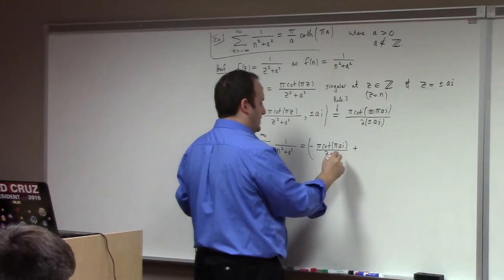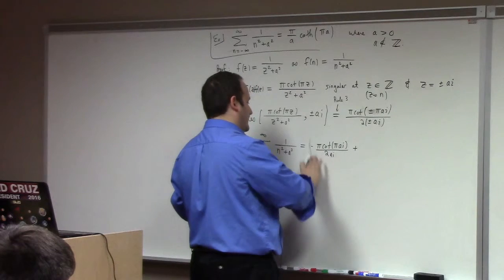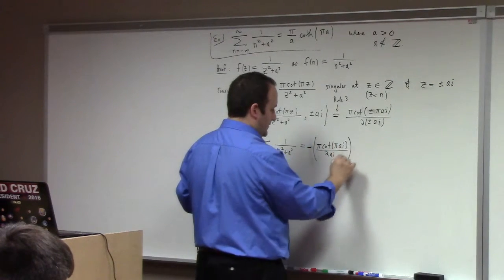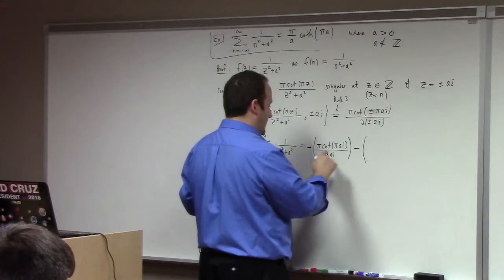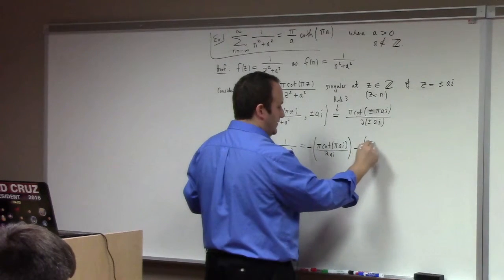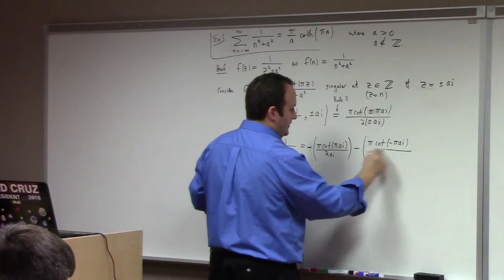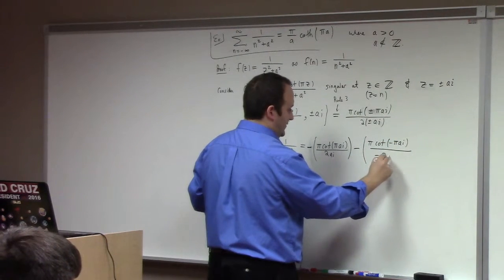Why do I have a minus there? Oh, sorry, the minus is part of the theorem. Minus what? Pi cotangent of minus pi ai over minus 2ai.